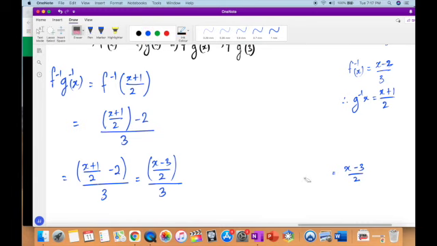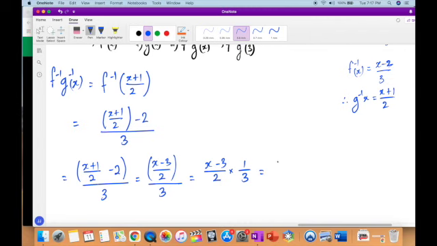Everybody understands what I did so far? Caitlin, you're okay with this so far in terms of how I got from here to here? Yeah, I did. Alright. Shazia and Scotia, I hope you're all okay as well. Remember, this is really x minus 3 all over 2 multiplied by a third. If you divide by 3 and multiply by a third, I can multiply my numerators and my denominators.